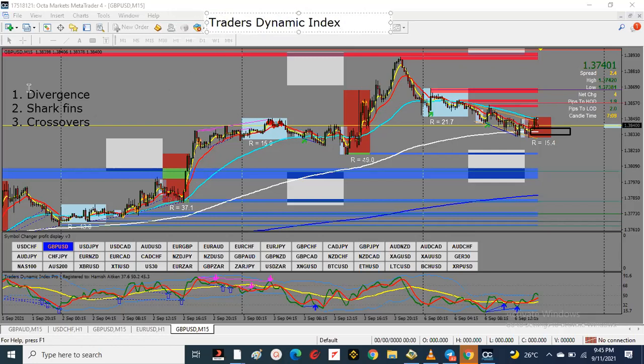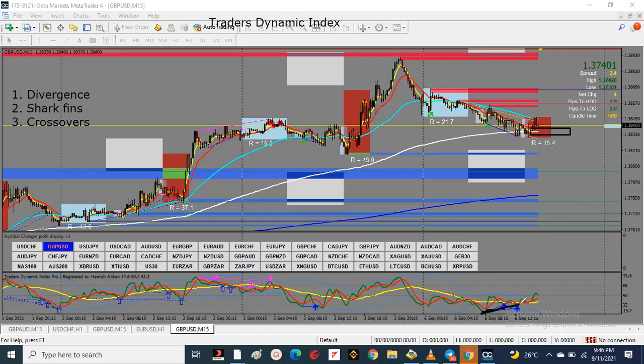So part of the thing that we are looking for is divergence. By divergence, what do we mean? We mean that TDI is kind of anticipating what market is likely going to do, even when it has not done it. For example, look at this.